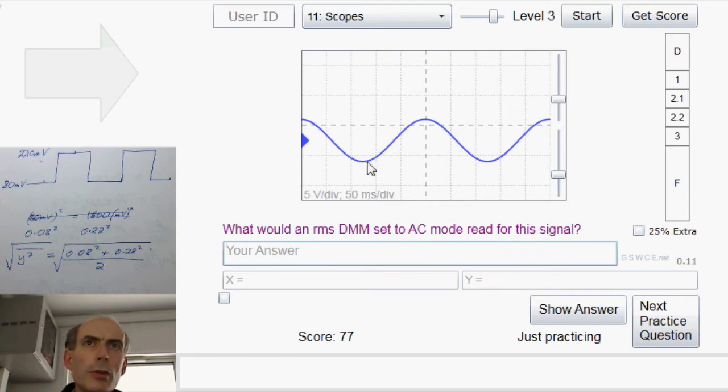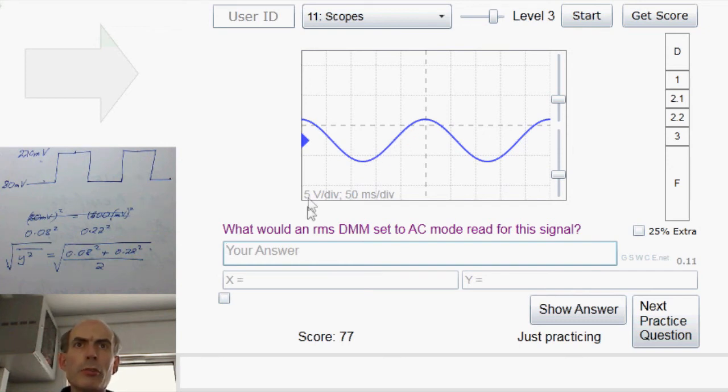This is quite straightforward. It doesn't really matter whether the digital multimeter is set to AC or AC plus DC mode here, because there is no DC content. The average value of this sine wave is 0, because this is the 0 volt point on the scope. So this is a sine wave which has an amplitude of, I would say, about 0.7 divisions.